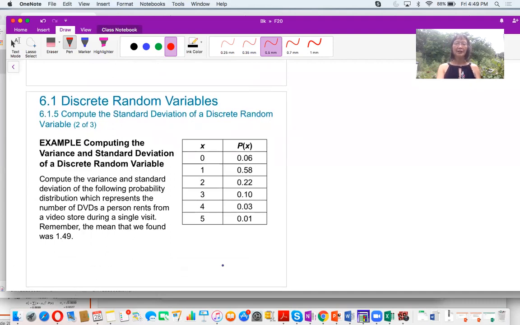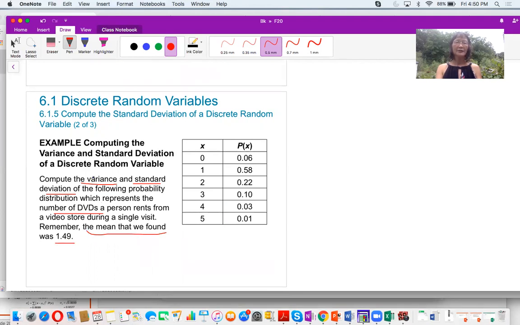So this table is about the number of DVDs a person rents. The question asks you to compute the variance and the standard deviation. Remember, we already calculated the mean. The mean is 1.49.